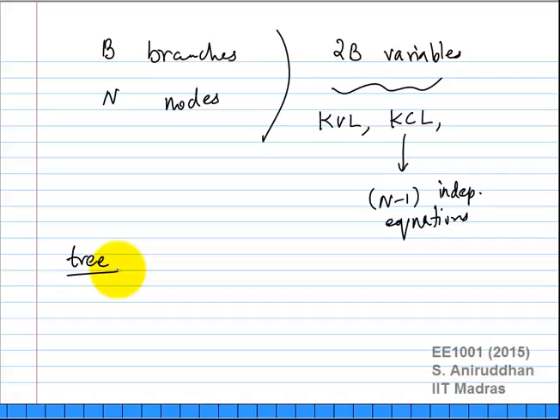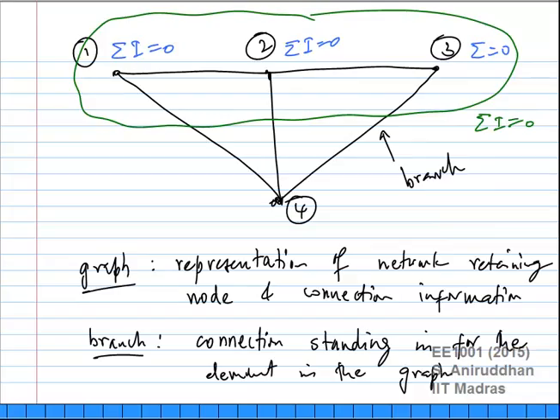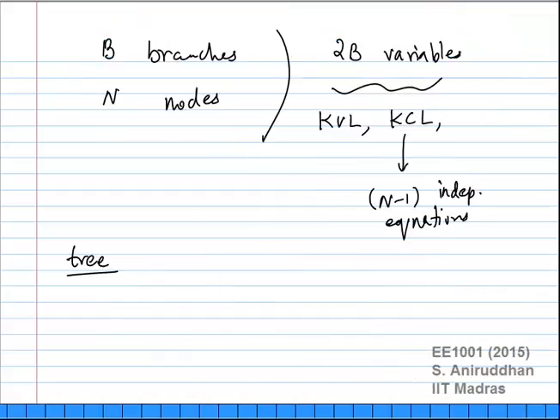Note that the graph itself is a representation of the network, so you have every element inside it. The tree is a sub-network of the graph, with two very important properties.